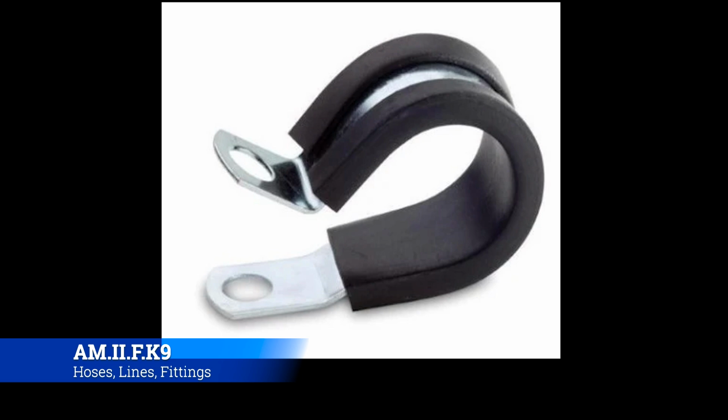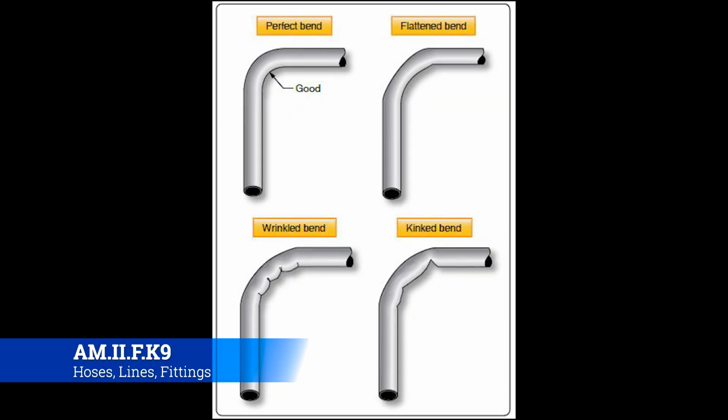And then you always want to use a scratch awl to try to line it up. The installation can be kind of a challenge with these things, but they are by far probably the most effective way of making sure you have the right hose routing and that the hoses aren't chafing against each other.